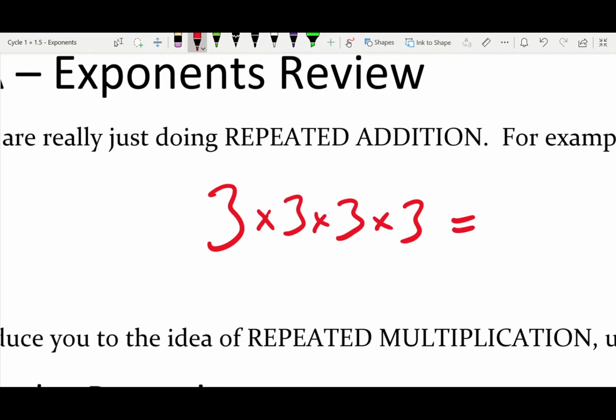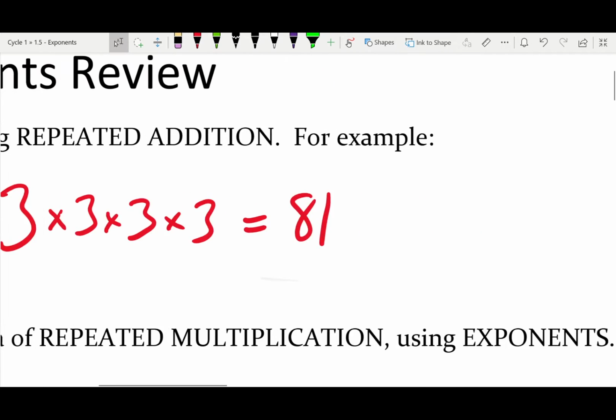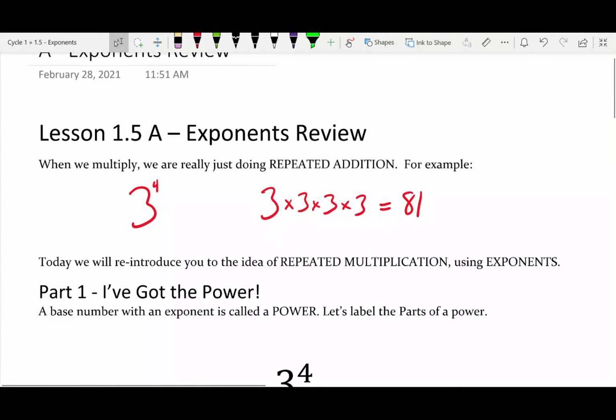All right, so 3 to the power 4 is going to be, 27 times 3 is 81. We could do that in a calculator. You could press 3 times 3 times 3 times 3 times 3, but that's the annoying long way to do it, though.